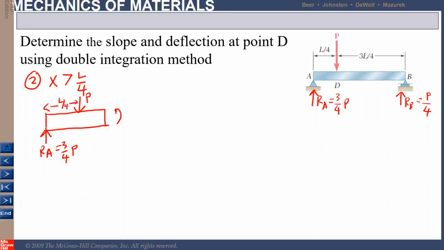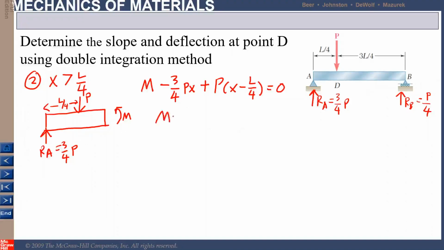Then we can use equilibrium to find the value of M, which is M minus 3/4 Px plus P times (x minus L over 4) equal to 0.